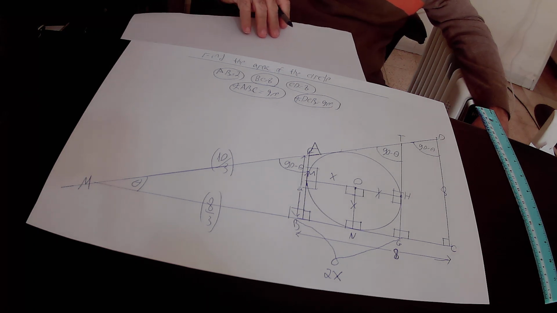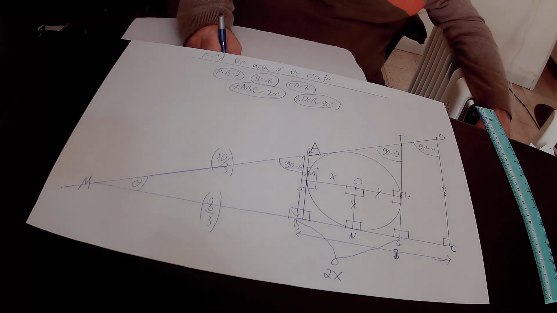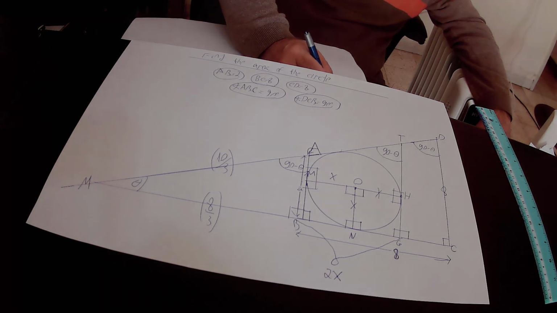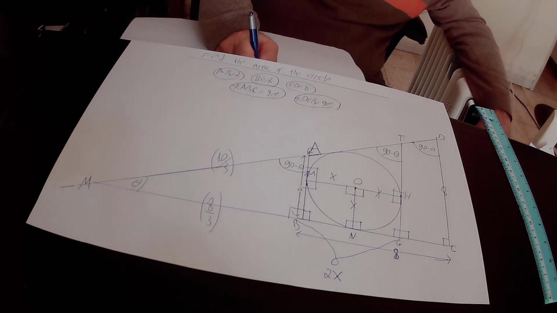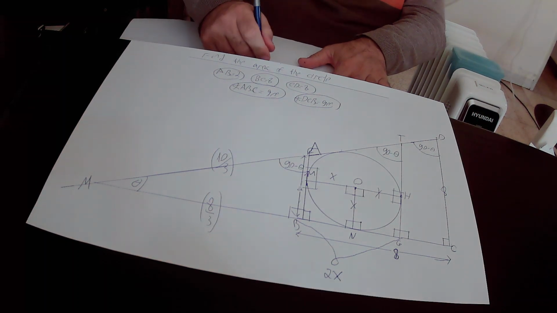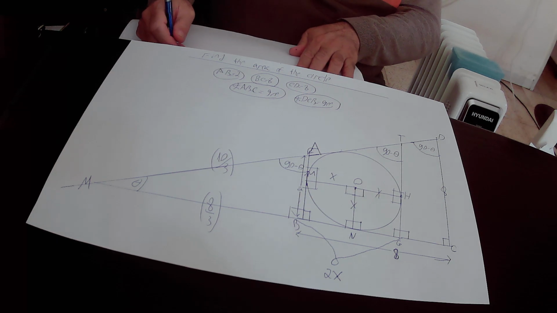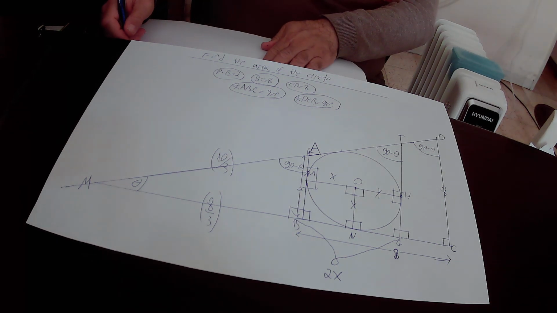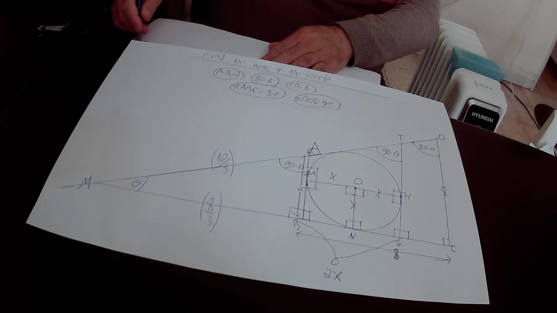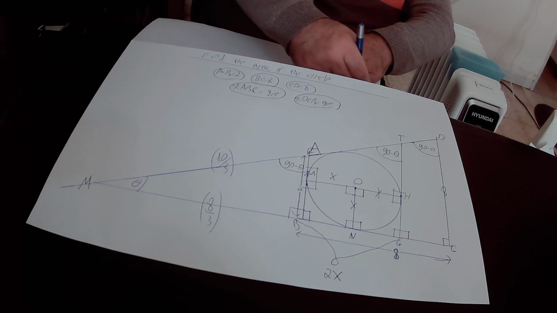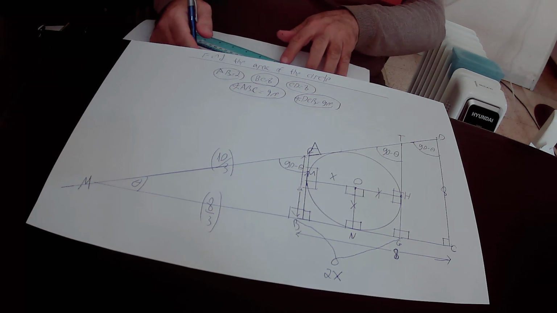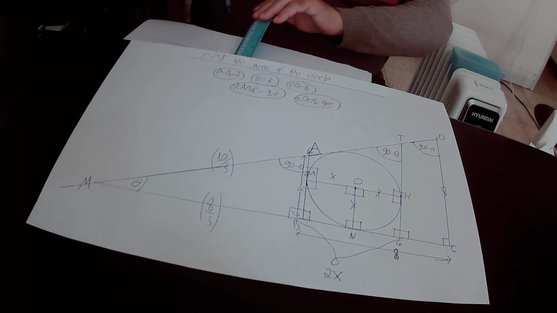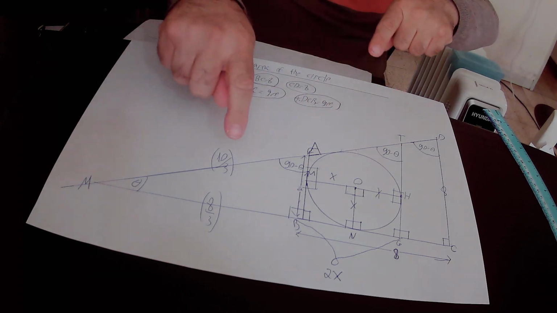Repeat again, we prove that the big right triangle MTG is similar to the small right triangle AMB. So, why are those two right triangles similar to each other?